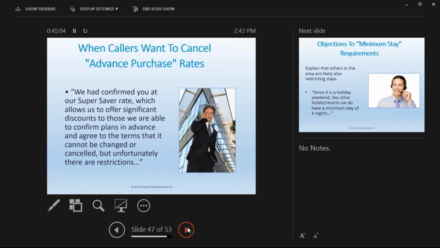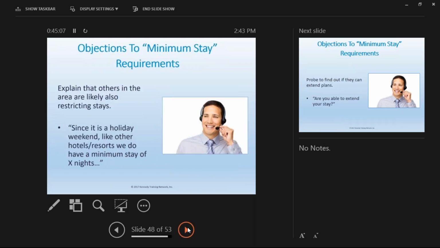All right, so we have our last issue. This situation is the caller who wants a short stay during a period during which there's minimum stays. All right, now again, we have so many clients on the call today. Some of you are hotels and resorts.